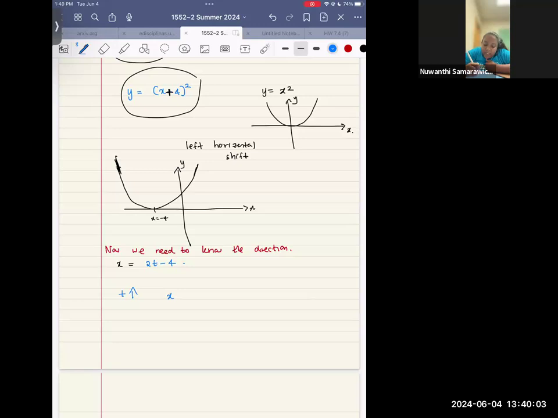Yes. So when t increases, x increases. Why? When t is equal to 0, x is equal to negative 4. When t is equal to 1, x is equal to negative 2. When t is equal to, let's say, 3, x is equal to 2. So it is increasing. When t increases, x increases. So that means this is the direction.